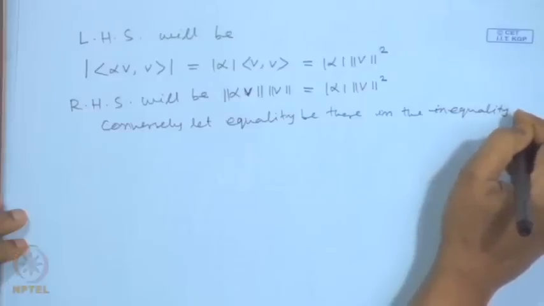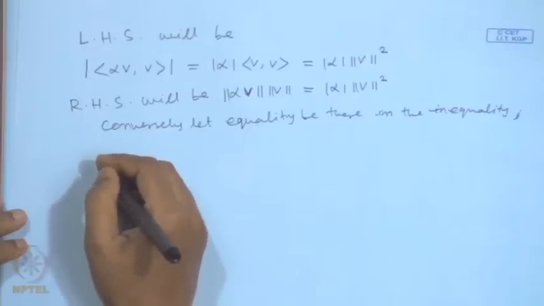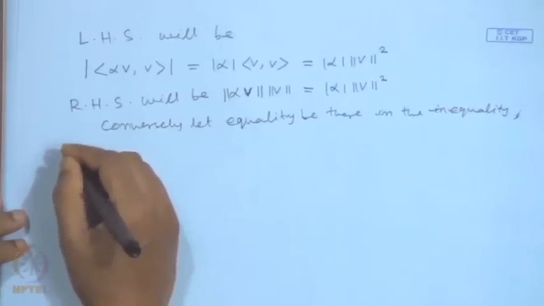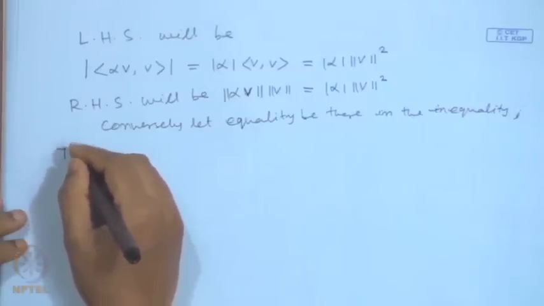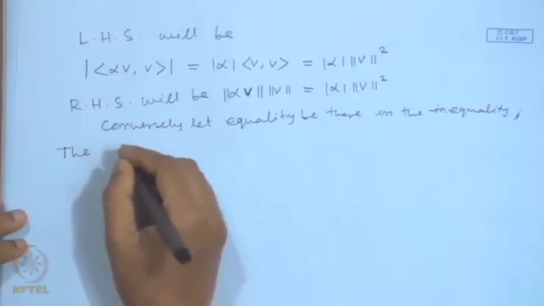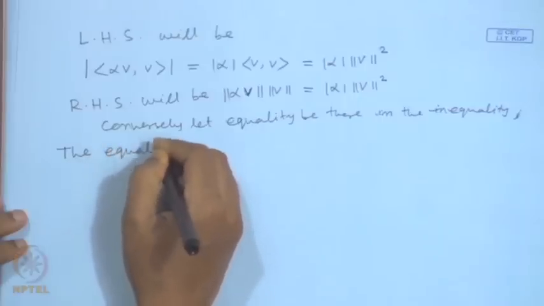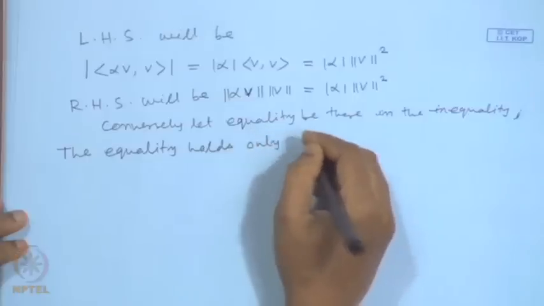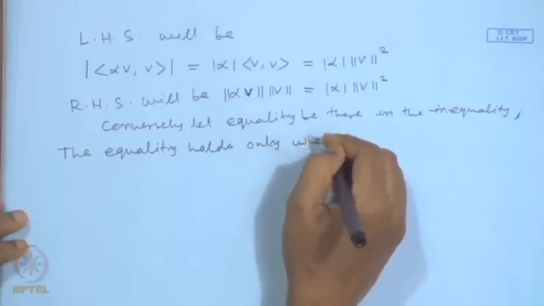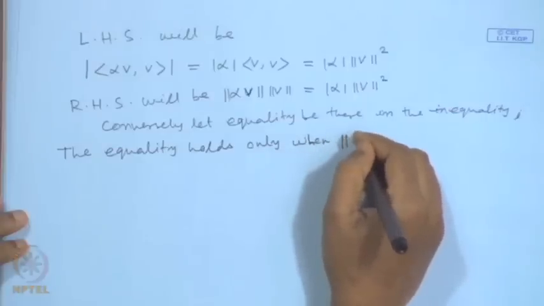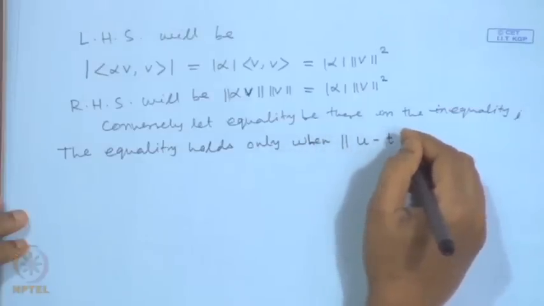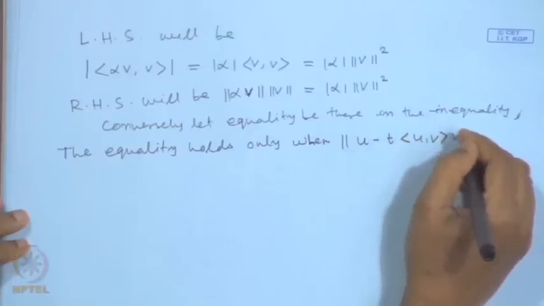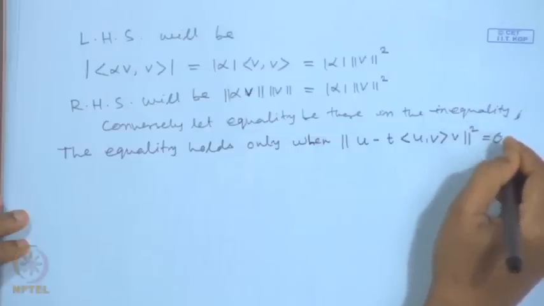While proving this theorem, just recall that the equality holds only when the norm of u minus t inner product of u, v times v, this square is equal to 0.